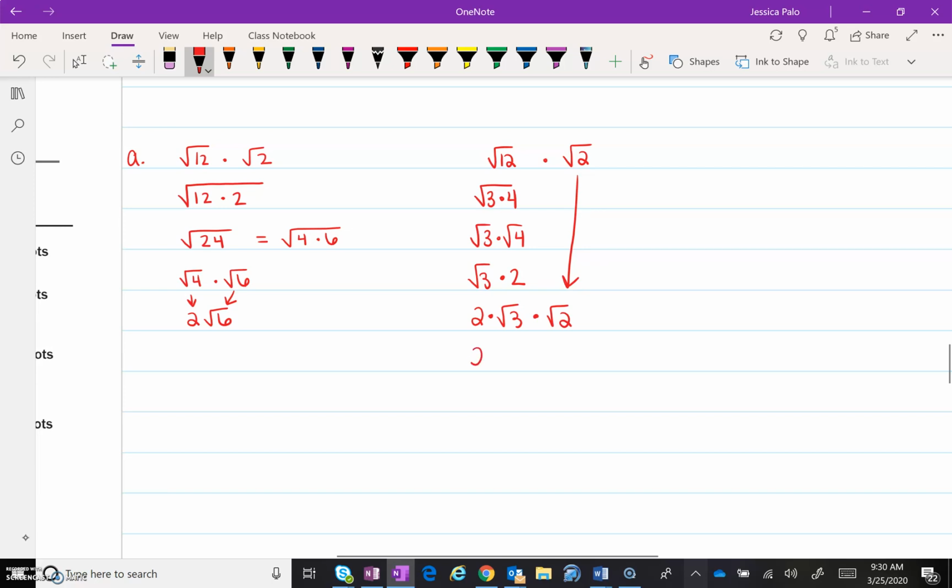Both of these are in a radical, so you can put it under one radical, and you would get 2 radical 6. Pretty much the same thing. It depends on how much you would like to simplify.